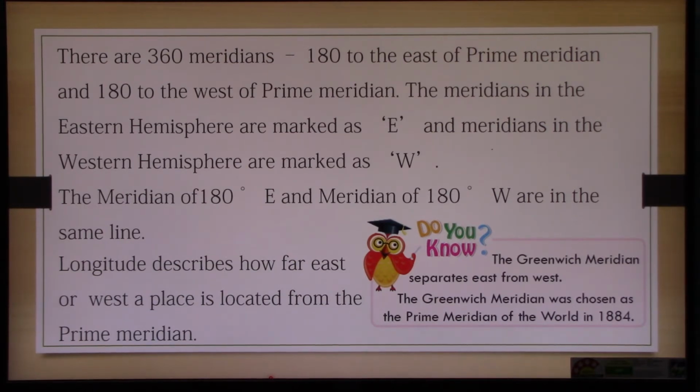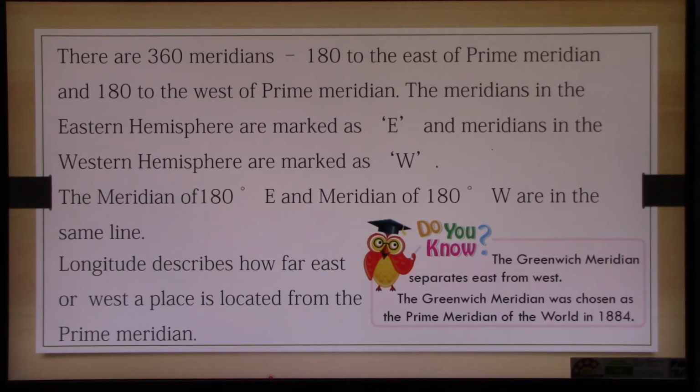The meridians in the eastern hemisphere are marked as E, and meridians in the western hemisphere are marked as W. Why E and W? Because, children, it is not always feasible to write east, west everywhere. So when we write about the degrees, we write 80 degrees east.